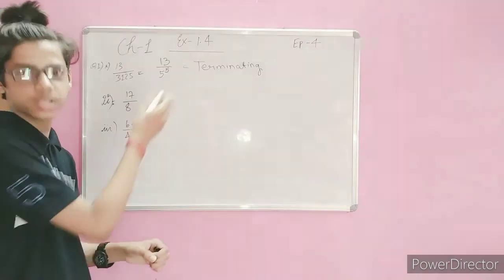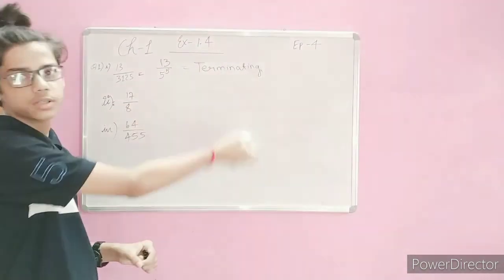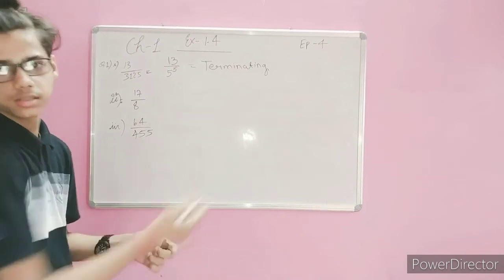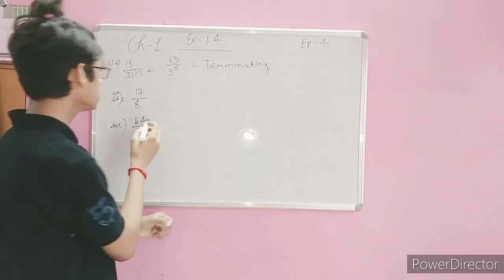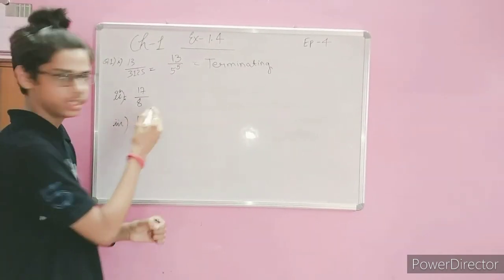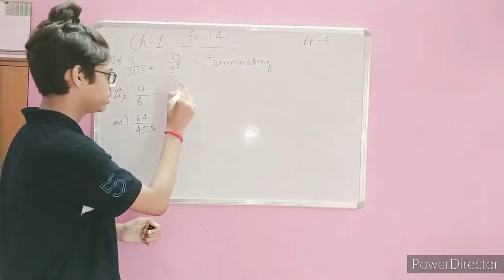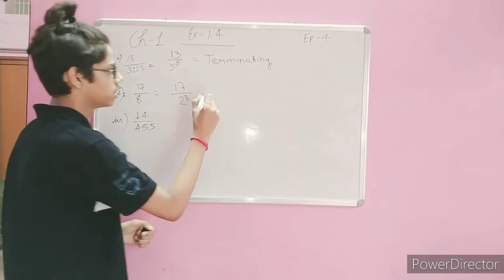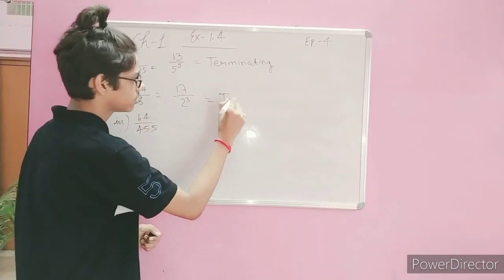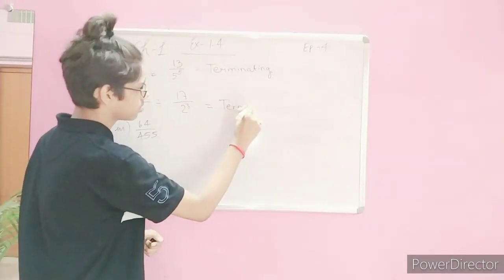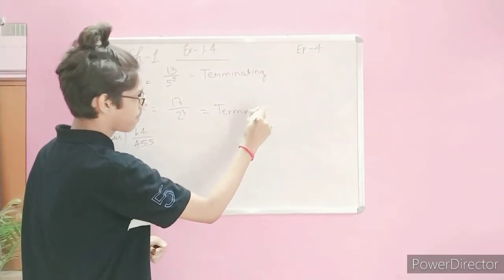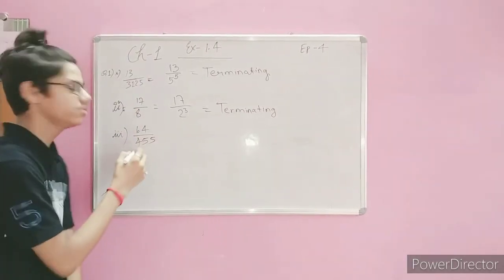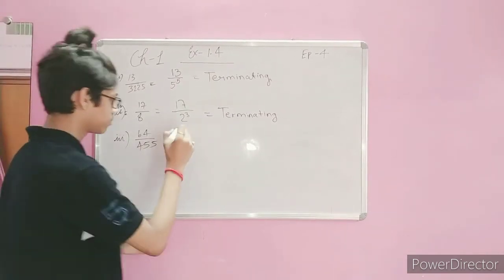If you want to prove that, you can simply do the long division method on the side. Next we have 17 upon 8. So this is 17 and this is 2 cube. It is also terminating. Then we have 64 upon 455.